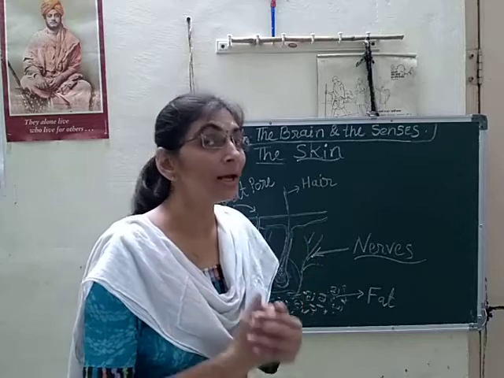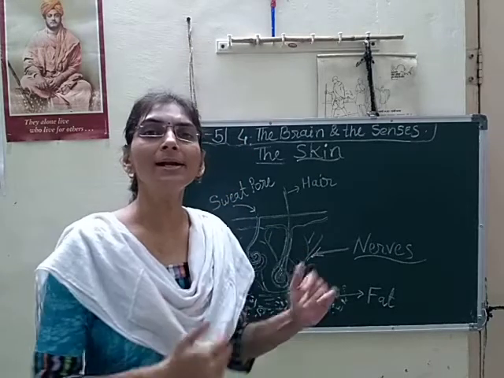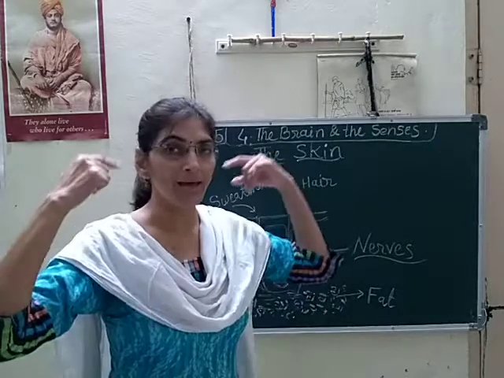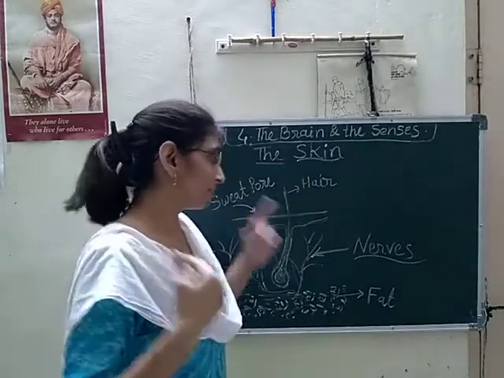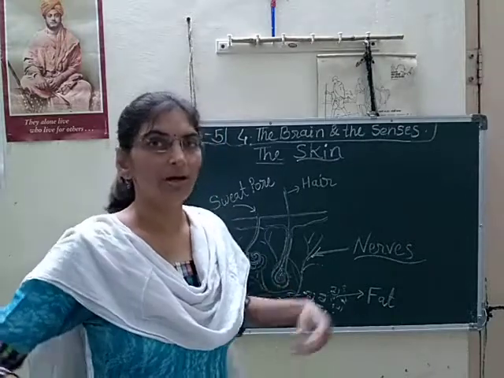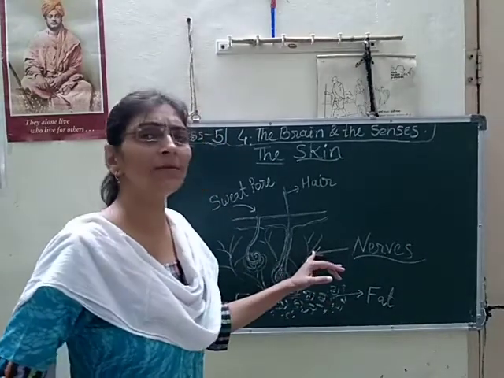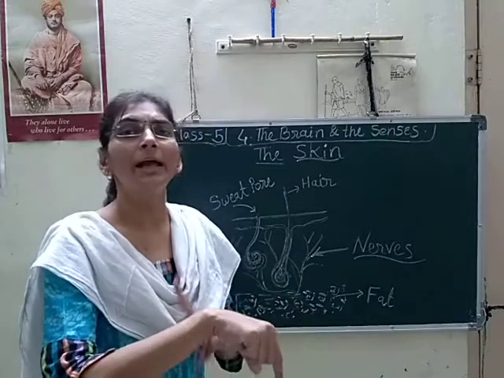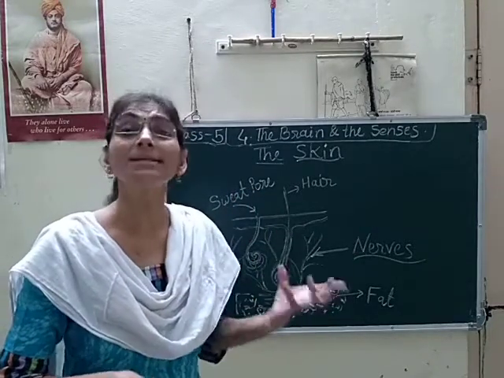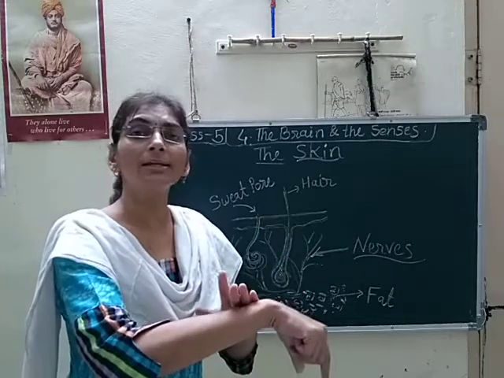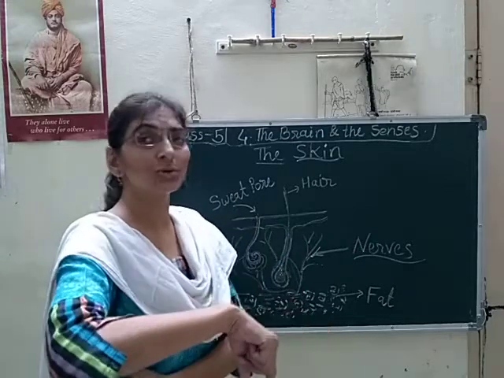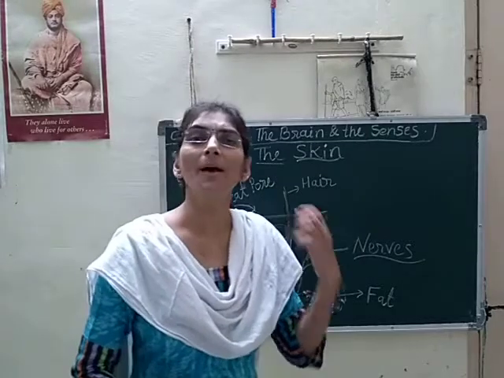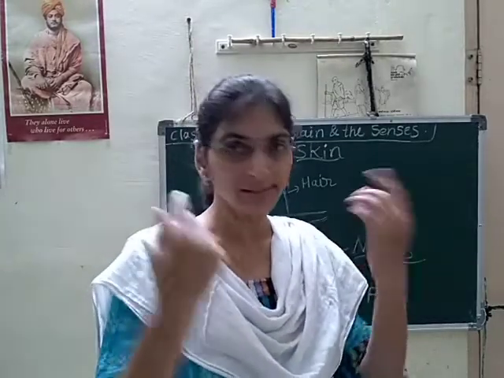At that time our skin or our eye will give a message directly to the spinal cord. When we touch anything hot, anything very cold, anything dangerous, our skin will give a message to the spinal cord, and immediately our spinal cord will give the decision.